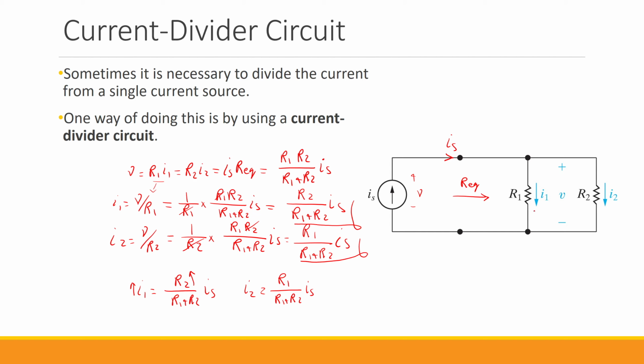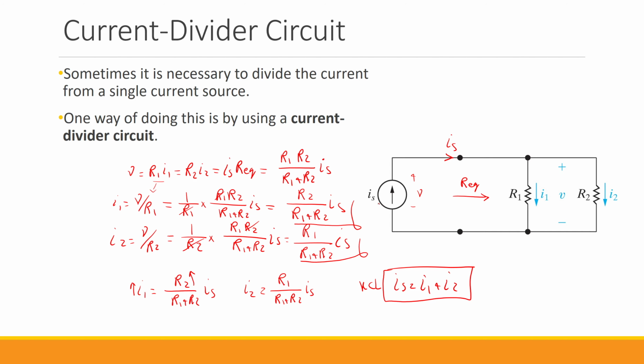If you think about it, that makes sense. When you have these two resistors, you know from the KCL, if you write it here, that Is equals I1 plus I2. That's something you can easily write using KCL at the top node. The sum of I1 and I2 always equals Is.